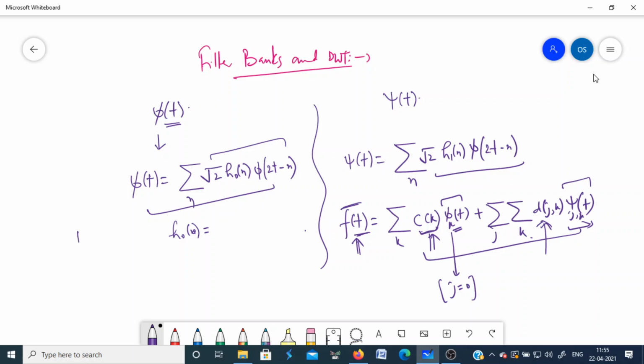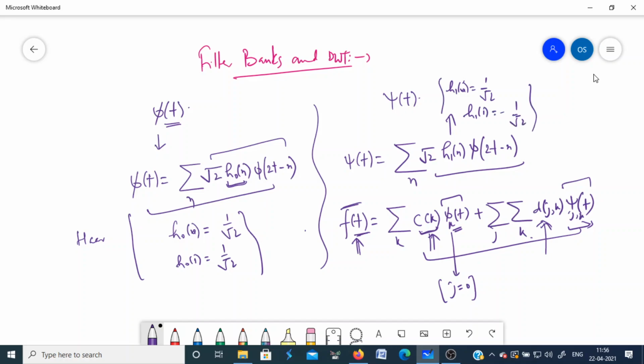And for the Haar system, we have seen that these coefficients are 1 by root 2 and 1 by root 2. Similarly for the Haar wavelet, these coefficients are 1 by root 2 and minus 1 by root 2. Okay, so this we call the scaling filter, and this we call the wavelet filter.